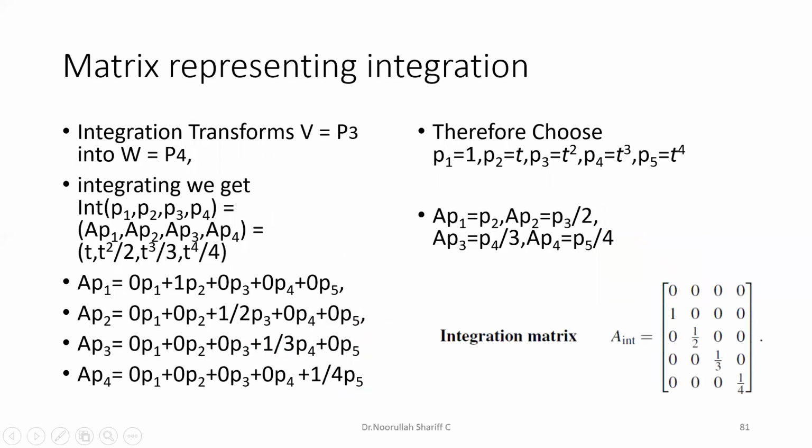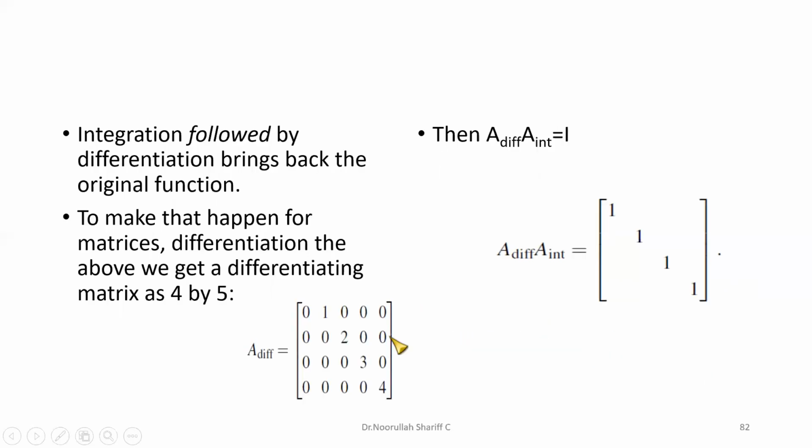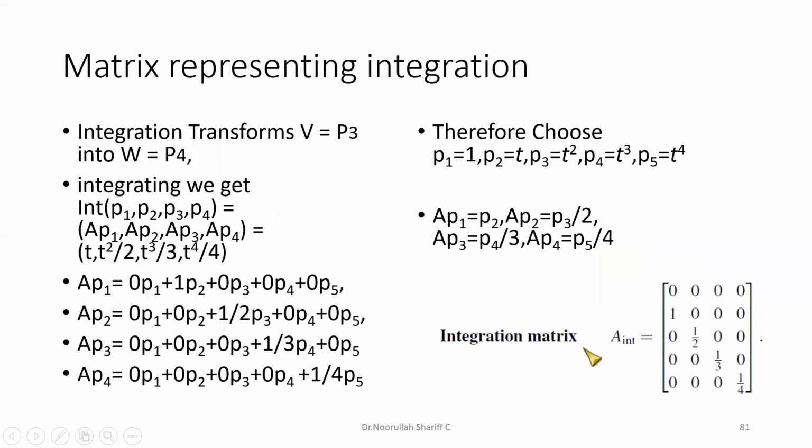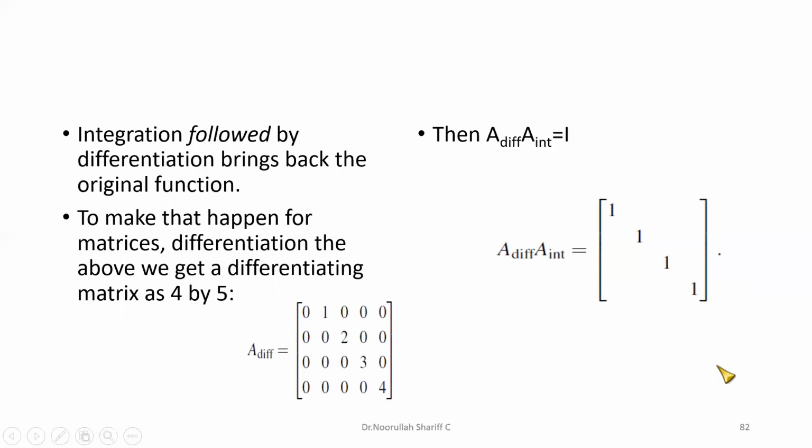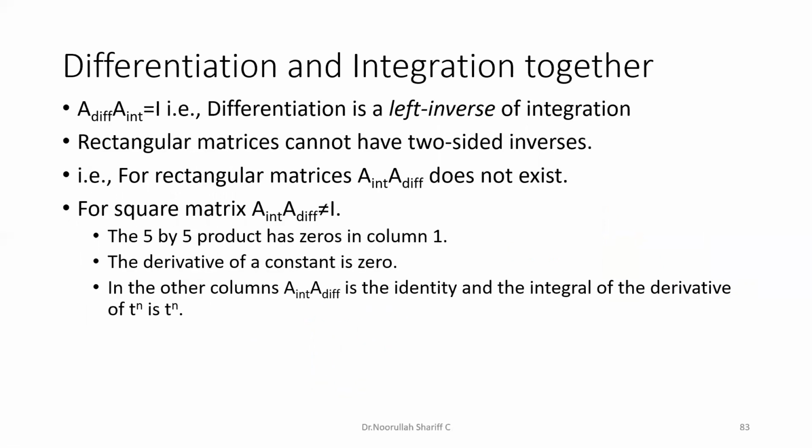that is, this is multiplied with this over here. So this is a 5 by 4 matrix, and this is a 4 by 5 matrix. If you multiply this, you'll get a 5 by 5 matrix, but you're going to get the first column as all zeros. Because the first column has all zeros, that is, the 5 by 5 product will have all zeros in the first column, you are not going to get back the original thing.